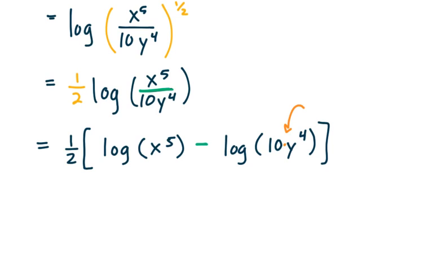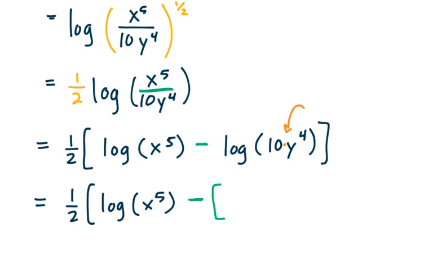I've got a product between the 10 and y to the 4th. And I put it in the second piece in both of these examples because I really like to illustrate distribution. So I'm going to rewrite this 1/2 log of x to the 5th. I still have my minus, and I'm going to subtract all of what I expand here. So expanding this second piece, I have the log of 10 plus the log of y to the 4th.